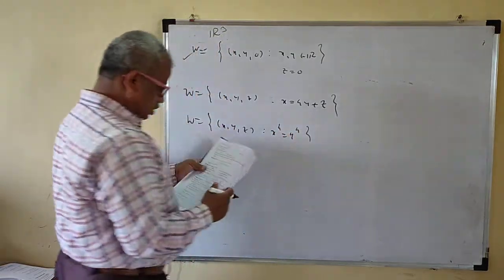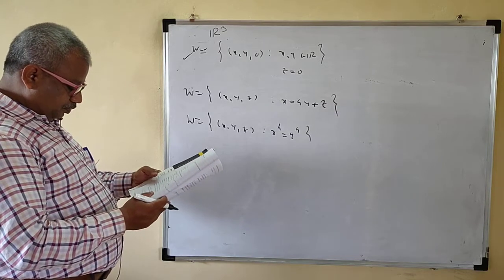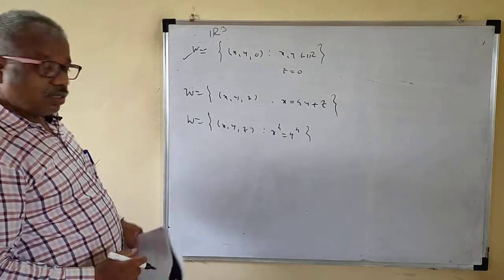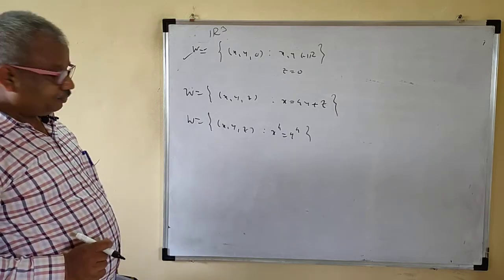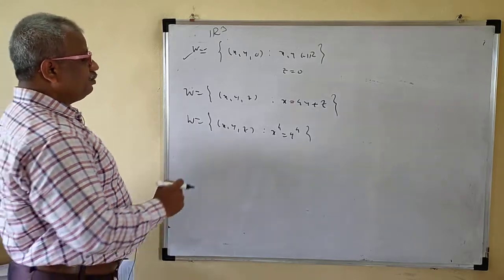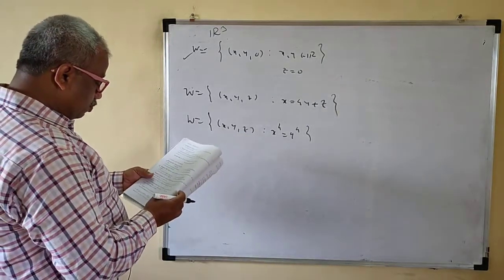Now suppose W is equal to {(x, y, z)} such that x^4 = y^4. Is it a subspace? How can you check? This is not a subspace.